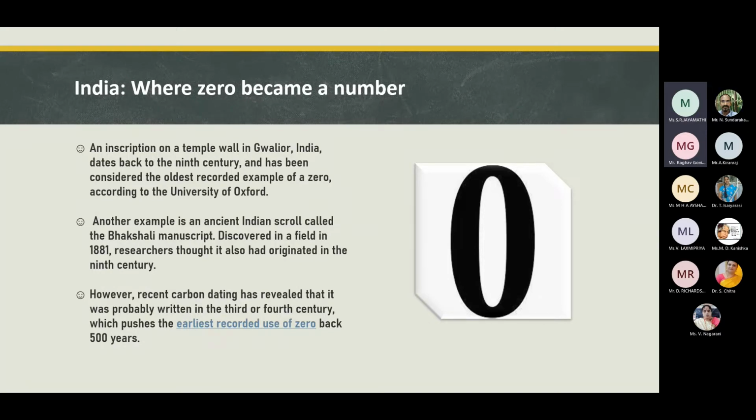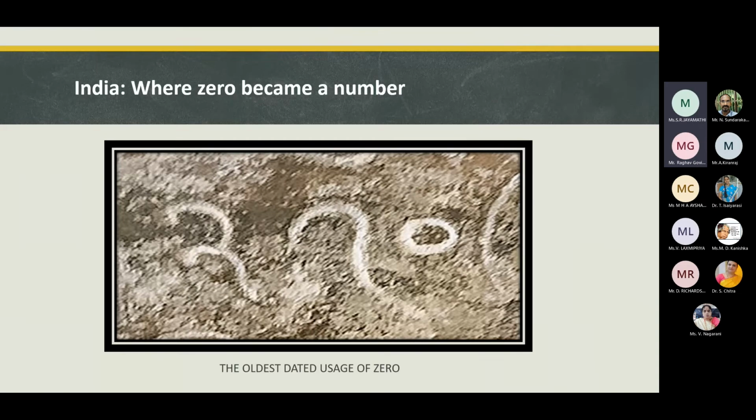Researchers thought it also originated in the 9th century. However, recent carbon dating has revealed that it was probably written in the 3rd or 4th century, which pushes the earliest use of zero back 500 years. Still, the Gwalior temple inscription is the oldest dated usage of zero that we found in temples.